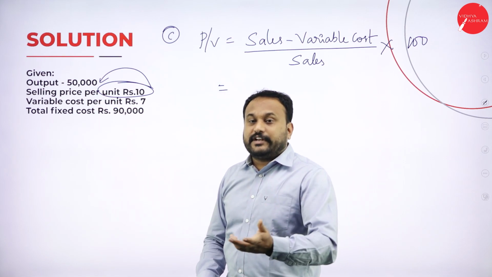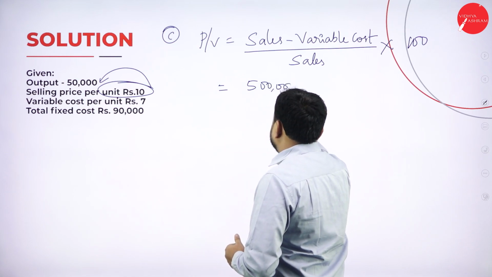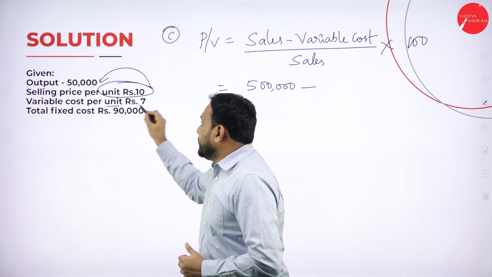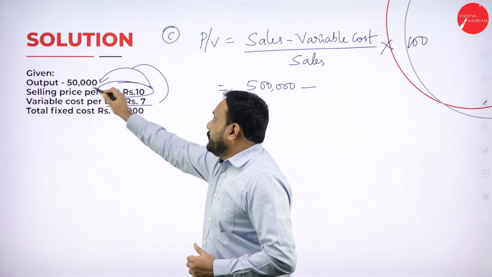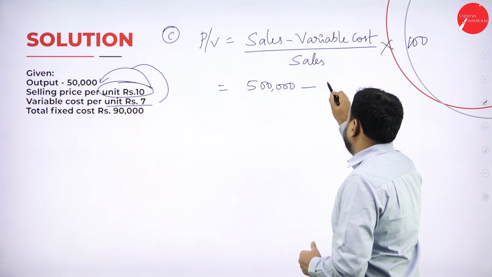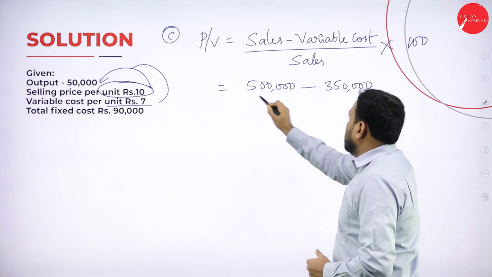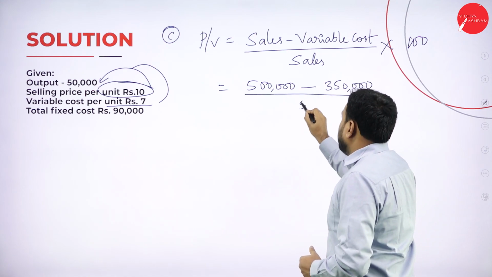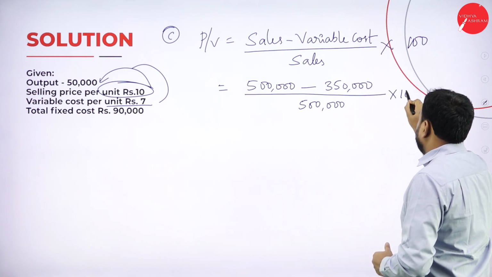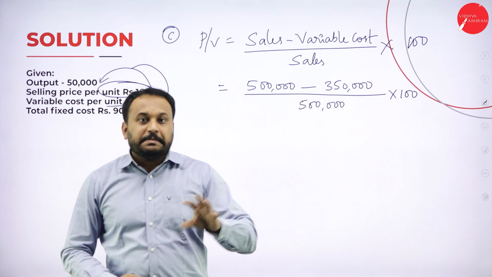So 10 into 50,000 is how much? 5 lakh, minus variable cost. Total variable cost is how much? For 1 unit it is 7 rupees. For 50,000, 7 fives are 35, so it is 3,50,000, divided by sales 5 lakh, into 100. Why 100? Because it is denoted only in percentage.